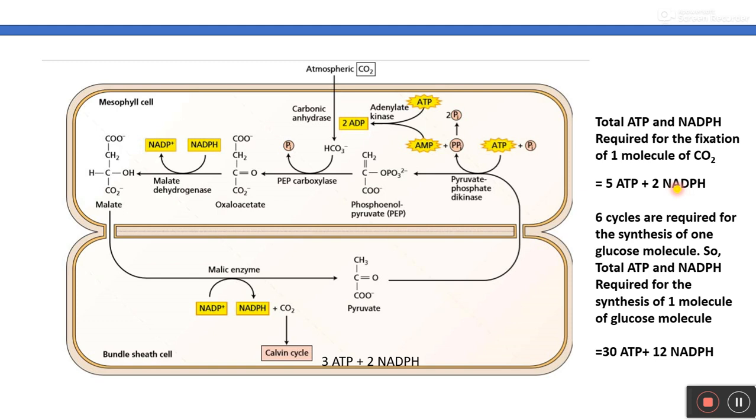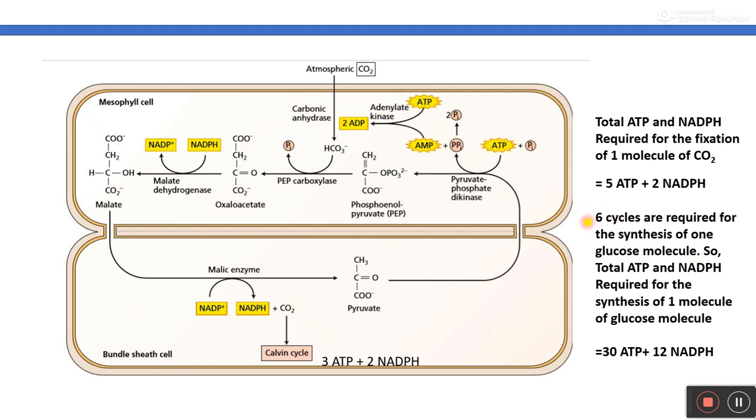Now another question comes: how many total ATP and NADPH are required for the synthesis of one molecule of glucose in the C4 cycle? As you know, 6 cycles are required for the synthesis of one glucose molecule.